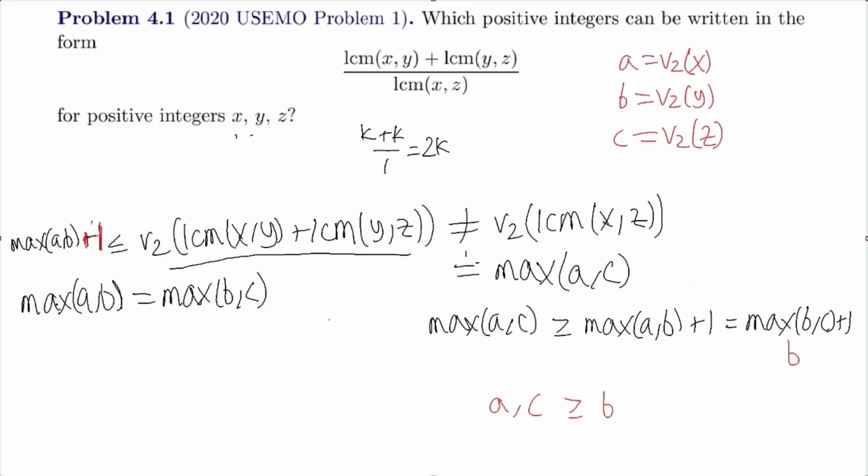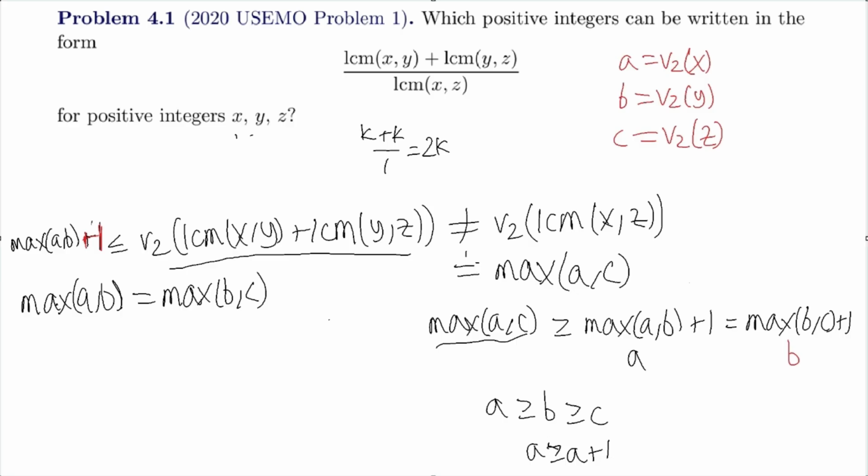Okay, so both of the maxima being B doesn't work. What if one maximum is B and the other is A? Then this means that A is greater than or equal to B, my bad, and then B is greater than or equal to C. And this means that this maximum here is equal to A. So A is greater than or equal to A plus 1, which is bad.